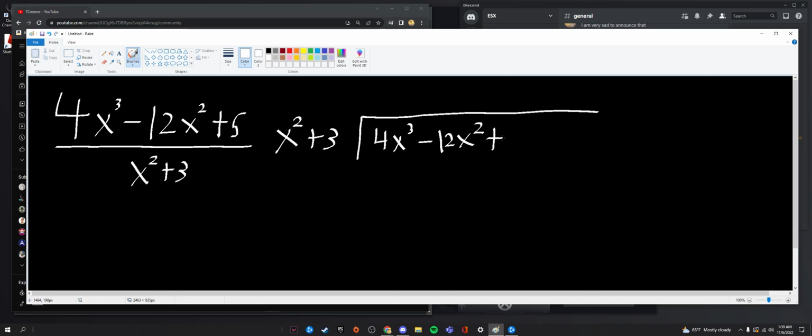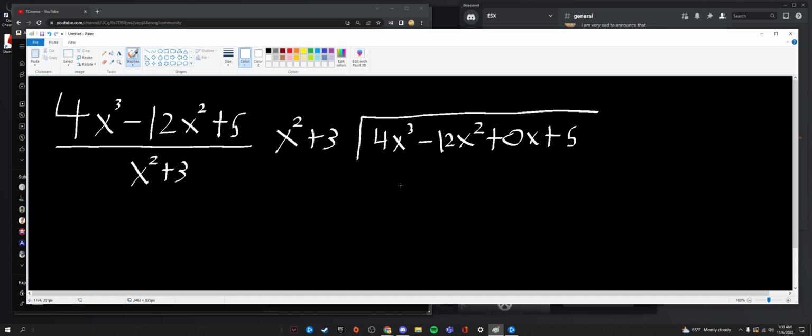Because we start off at degree 3, or cubed, we have degree 2. However, we're missing that simple x term. So I'm going to substitute in a 0x, because this isn't going to change the value of our equation. 0x is still 0, but we can do this to make the division a little easier, and then we can add our constant, 5.